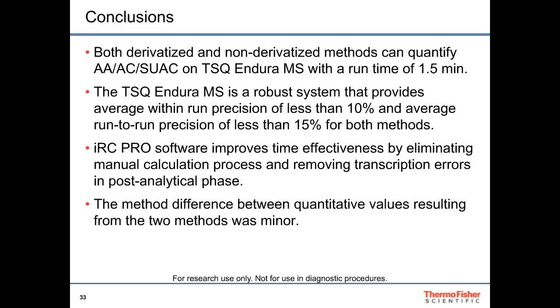Compared to derivatized methods, the non-derivatization method is rapid and cost-effective. However, derivatization methods generate cleaner samples and high signal-to-noise for the analyte of interest. So it's really up to the users to choose which method to use in their lab.